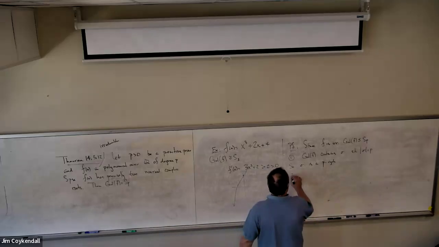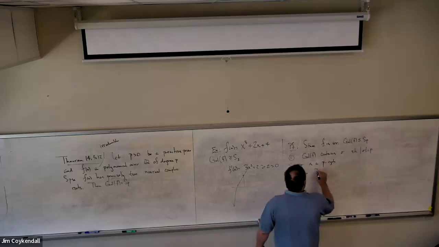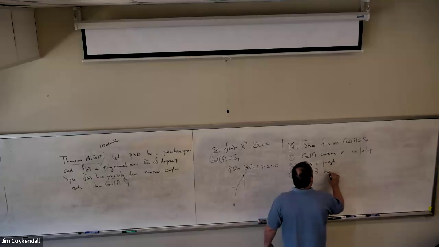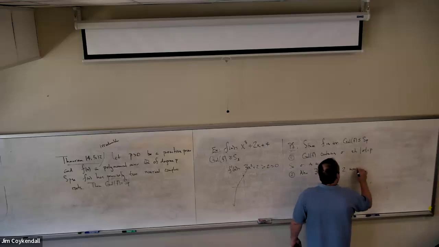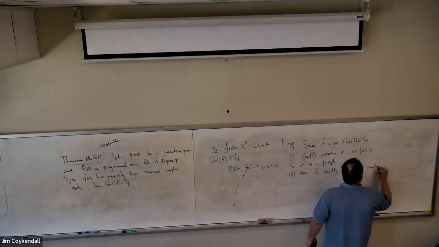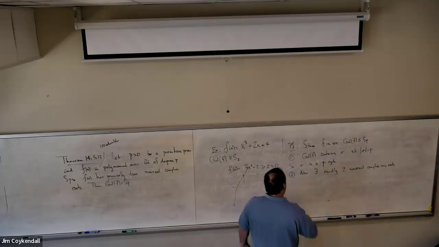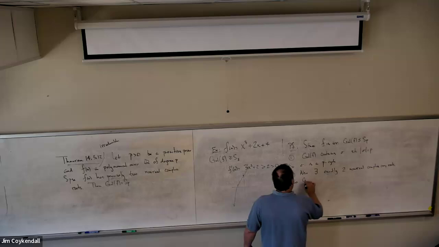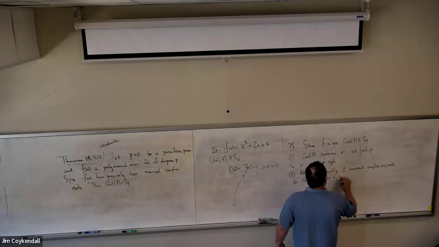Also, there exist exactly two non-real complex conjugate roots. So that means that the Galois group of f contains a transposition.